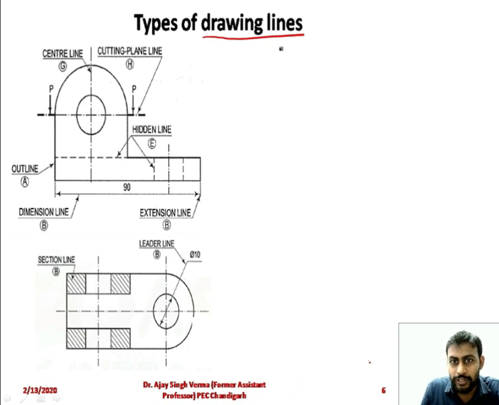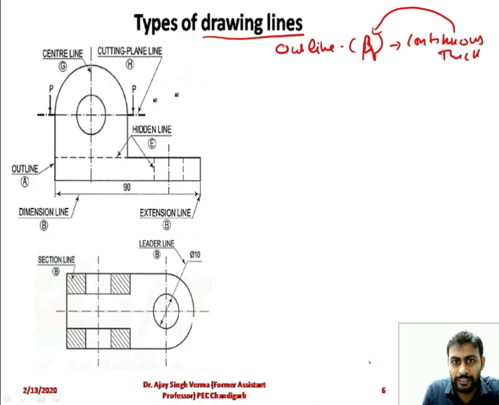So the first line is your outline. It means a continuous thick line. We already discussed, it is an A type line. The outline, where is the outline in this figure? This one.